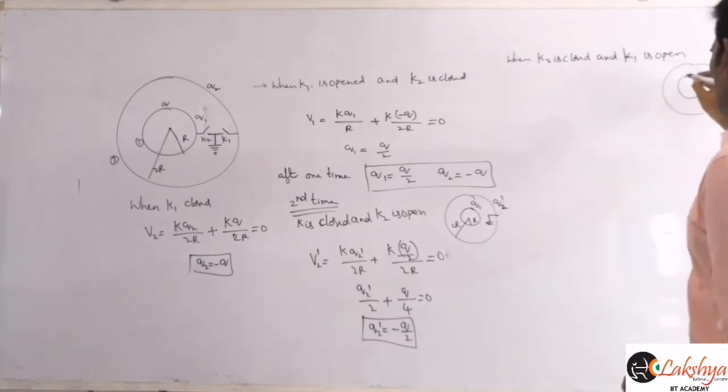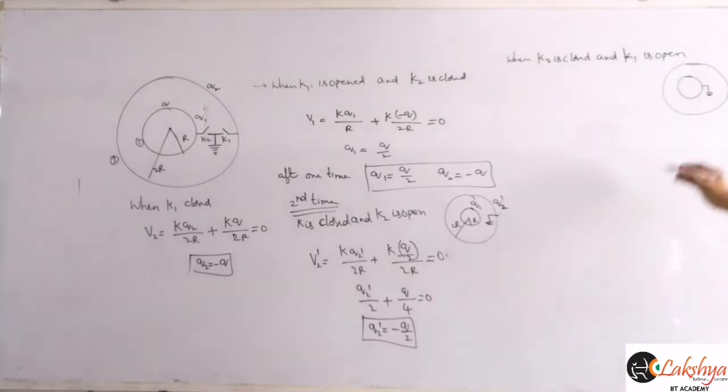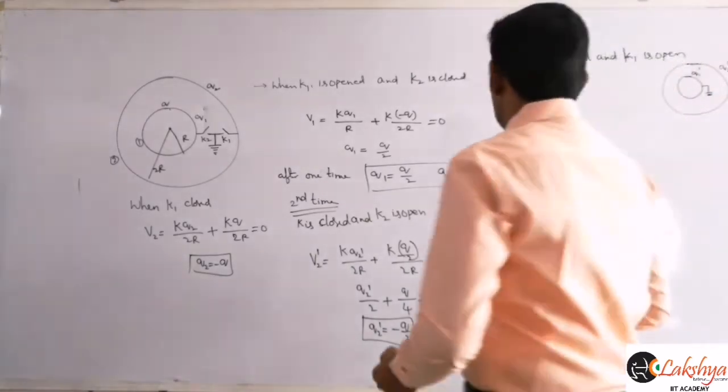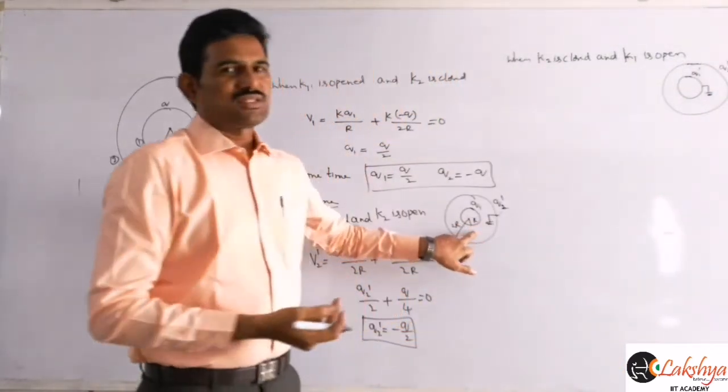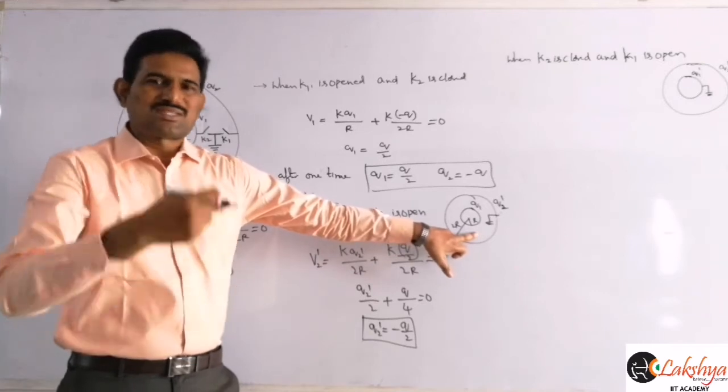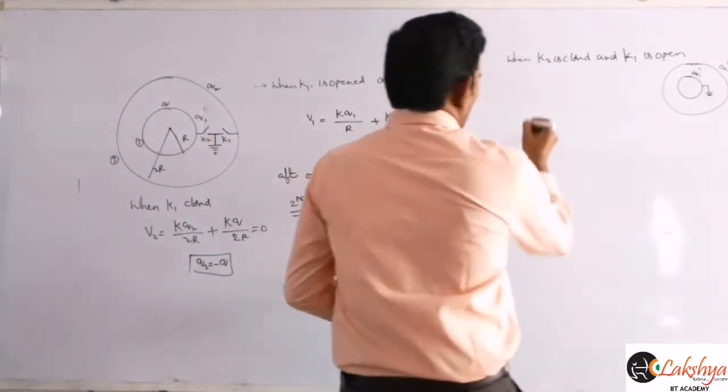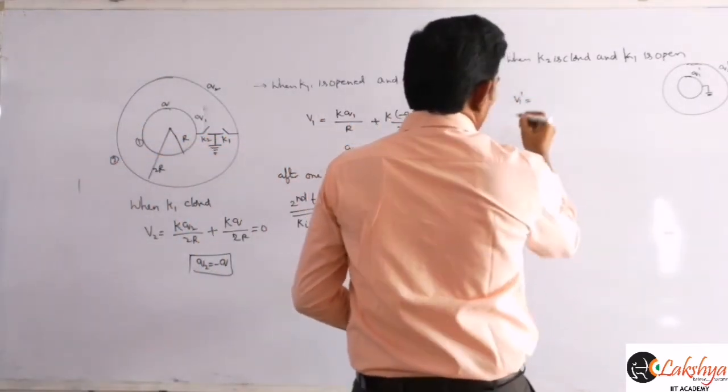K2 is closed means this one is grounded here. Now the charge present on the outer shell is this Q2 dash value, minus Q by 2. And here this charge let us take as Q1 dash, because now the charge on the inner shell is changing, because the inner shell is grounded, so the charge on that shell will change. So now I am equating the potential of that shell to the ground.